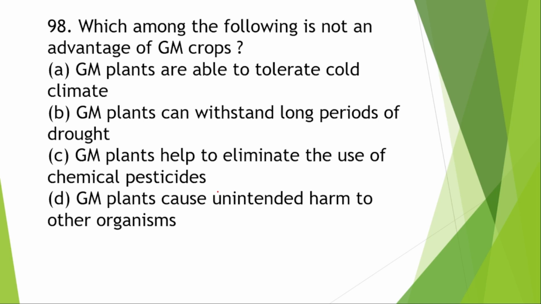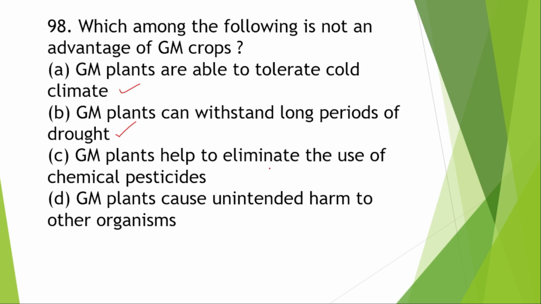Next, 98th one. Which among the following is not an advantage of GM crops? He is asking for not an advantage. GM plants are able to tolerate cold climate. Yes, of course. GM plants can withstand long periods of drought. Yes.